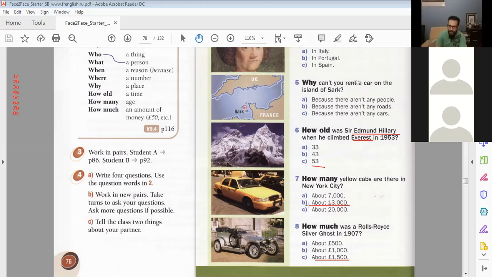And can you see the last one, Basma? Your guess? I think you chose A, right? It says, how much was a Rolls-Royce Silver Ghost in 1907? Right? The correct answer is 1,500 pounds. This is the correct answer.